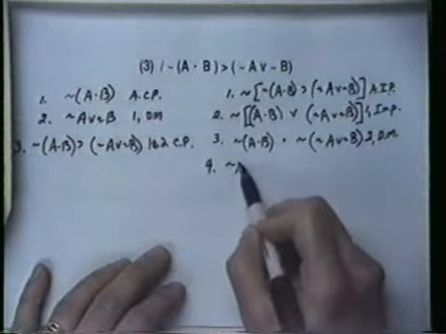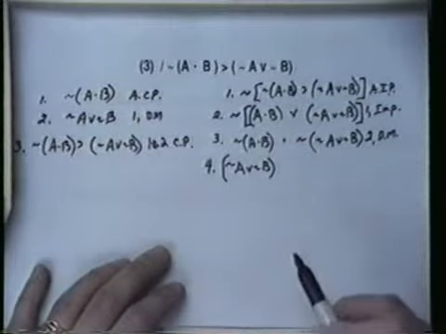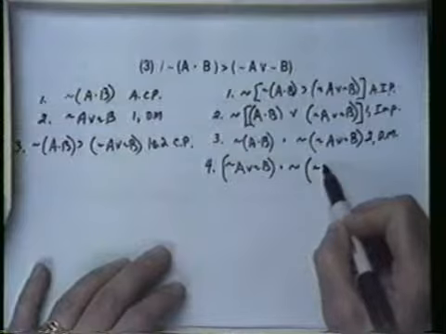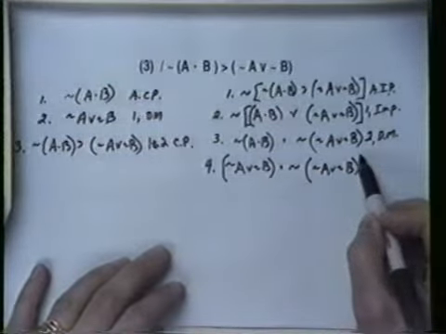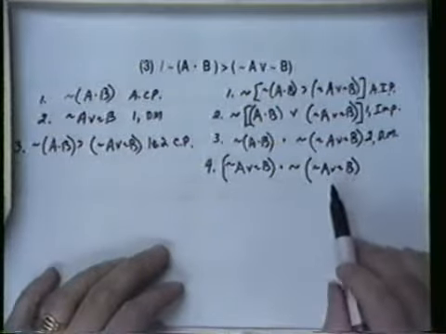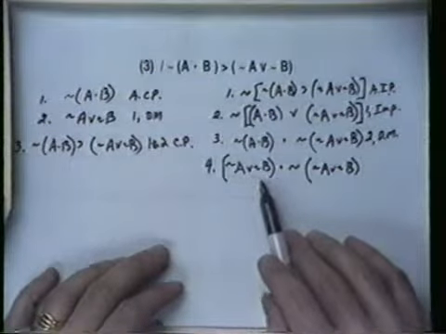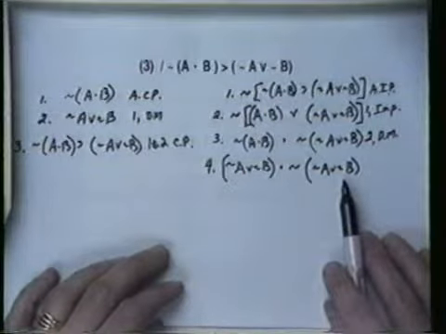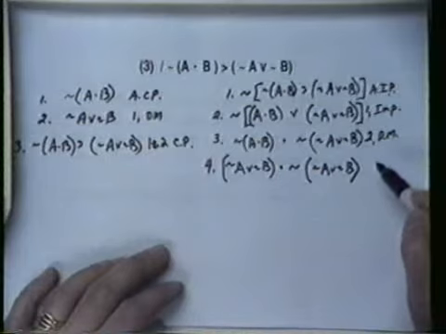That will give us (not A or not B), in parentheses, and that is conjoined to its negation: it's not the case that not A or not B. Notice that this is a relatively complex contradiction. It's not a contradiction involving an atomic sentence and its negation, but this is perfectly fine as an instance of a contradiction, and so we're basically done now.